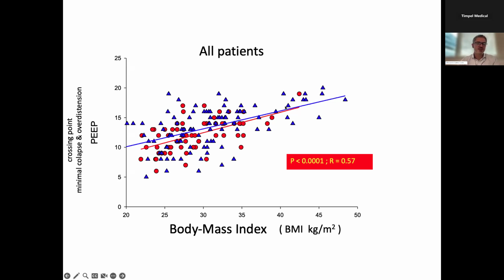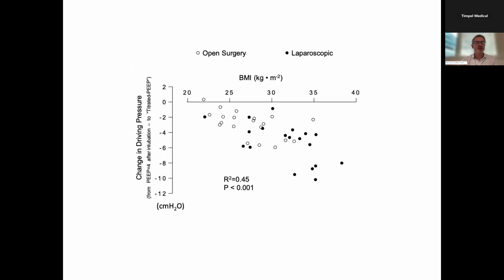There's a significant correlation, but a wide scatter around the line. So you really have to individualize or optimize the lung condition if you want to have optimized lung mechanics. And as a consequence of this optimization, you get a gain in terms of driving pressures. Driving pressures get lower and lower, especially when patients have larger BMIs.